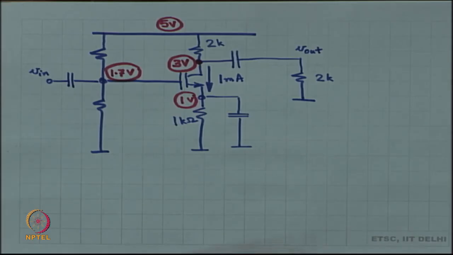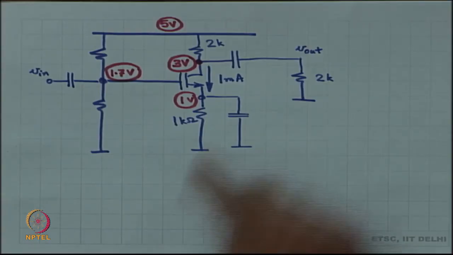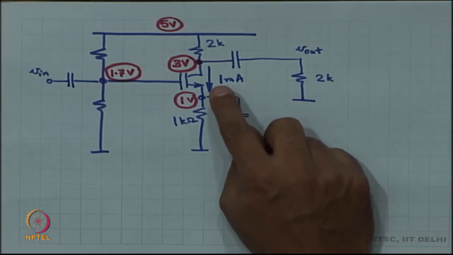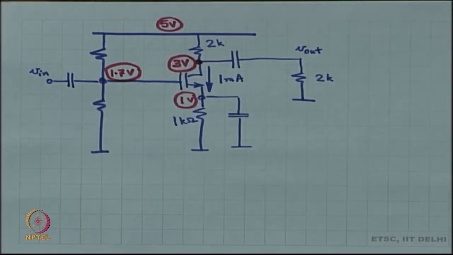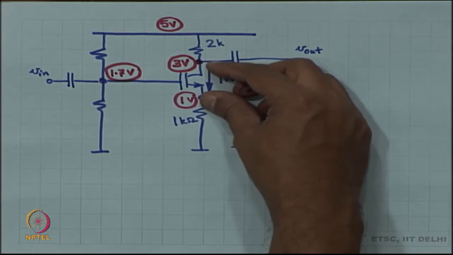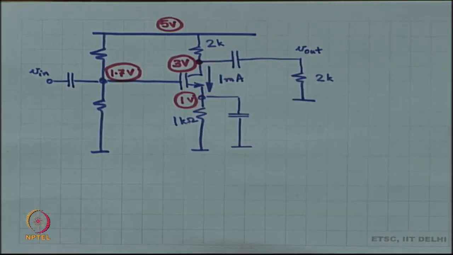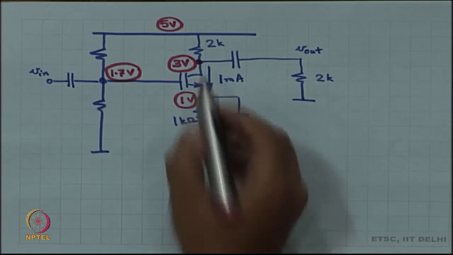And usually you will get these limits with the help of two conditions. Condition number 1 is that VDS has to be more than VGS minus VT at all times. Condition number 2 is ID has to be more than 0 at all times. So, these are the two conditions that you have.